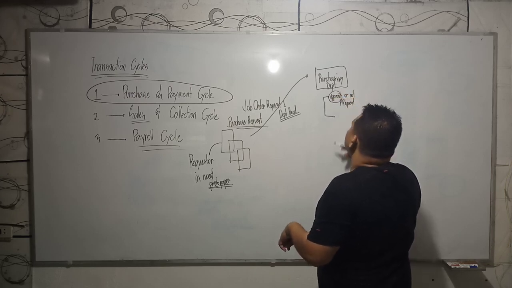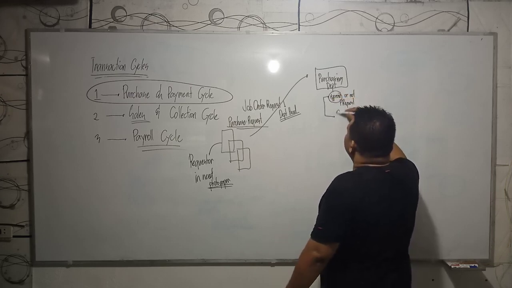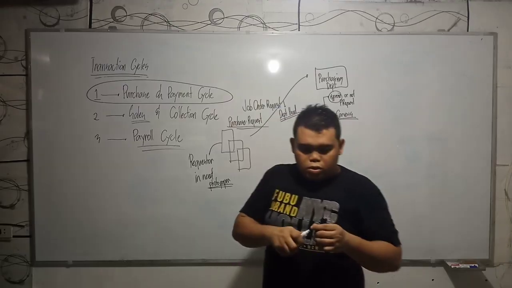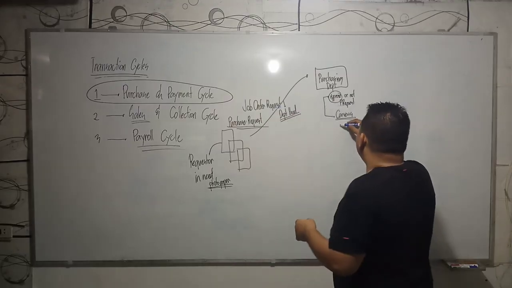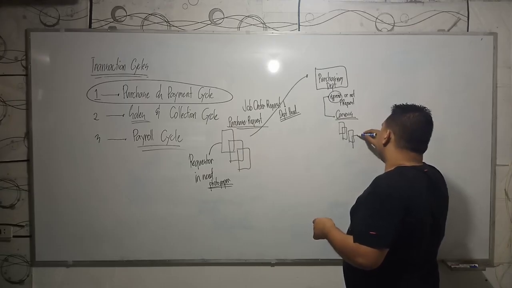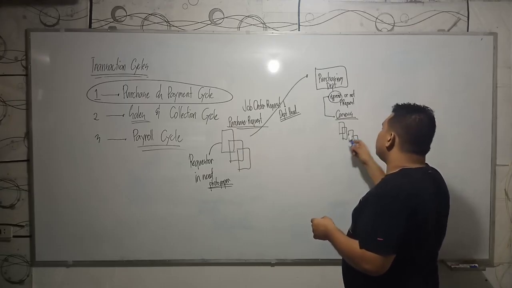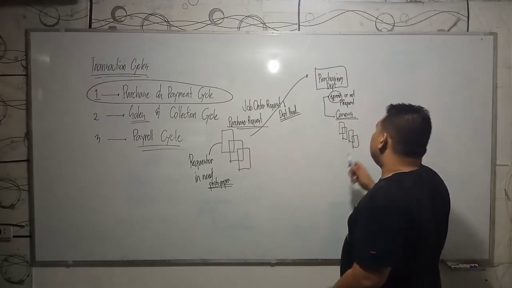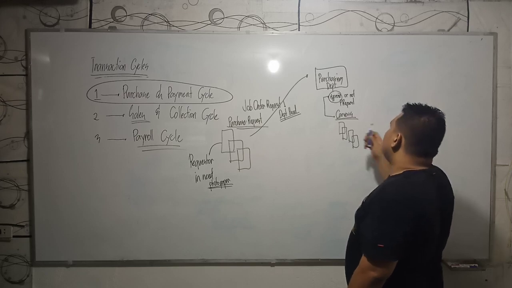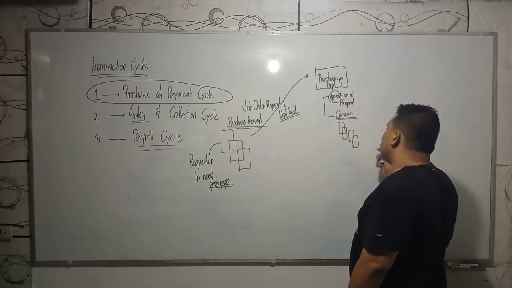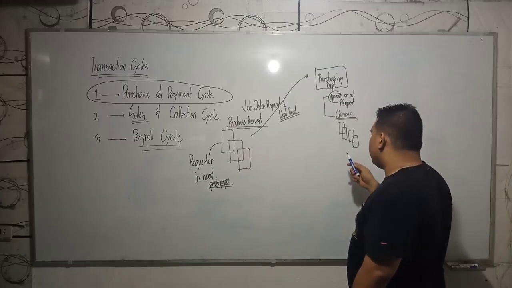What will happen next is that the purchasing department will canvass the item requested by the requestor. So, for example, in the canvassing, there will be 3 suppliers or 4 suppliers that will be contacted, and those suppliers will tend to give their quotes related to the requestor's need, and then, of course, they will give it to the purchasing department, and the purchasing department will choose between these possible suppliers.